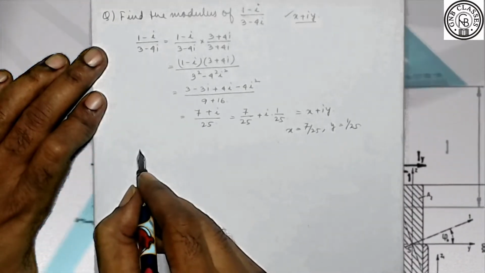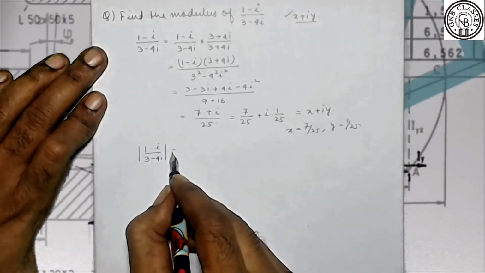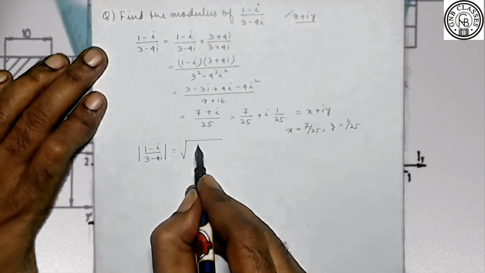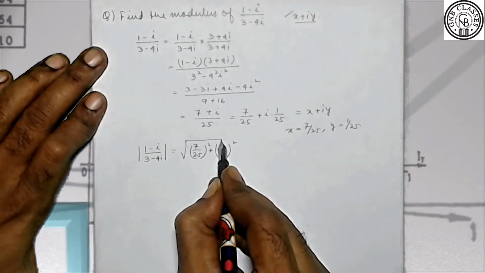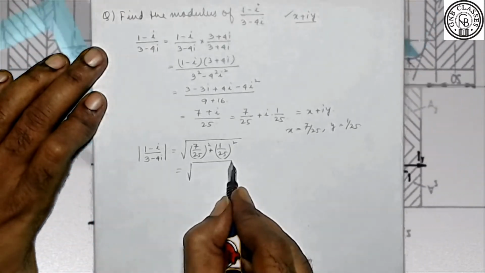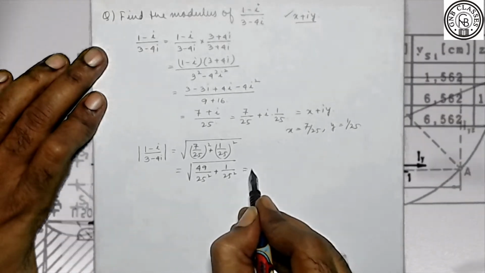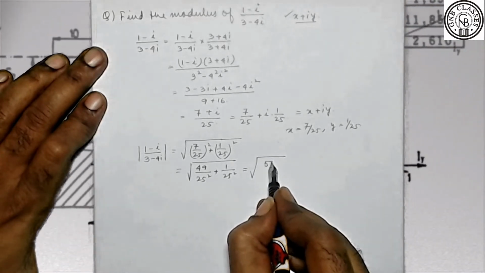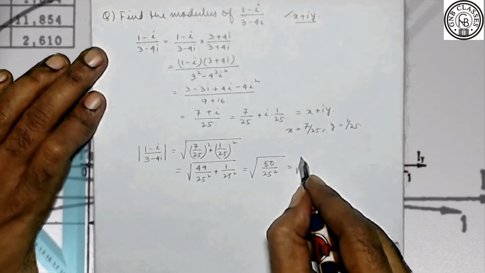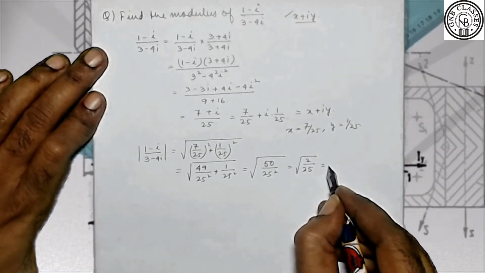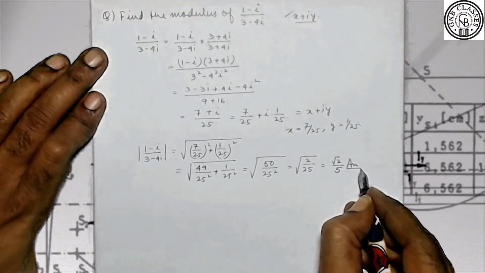Now if you want to find the modulus, you will simply write under root, and that's your answer. Is it clear?